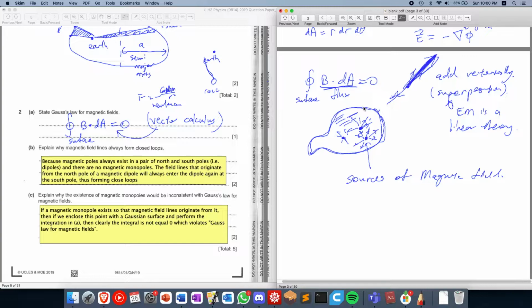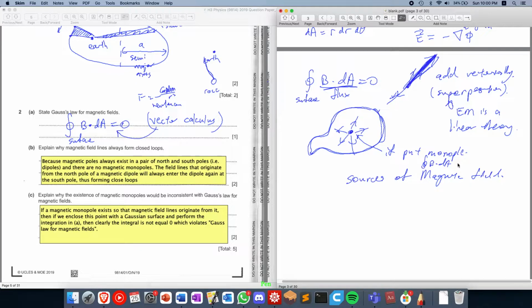Because if you just think about putting a single charge inside this thing, let's say it generates magnetic fields that point outwards all the time. Then essentially the flux flowing through this will always be net positive. So if we put a monopole, then the integral of B dot dA is not equal to 0.